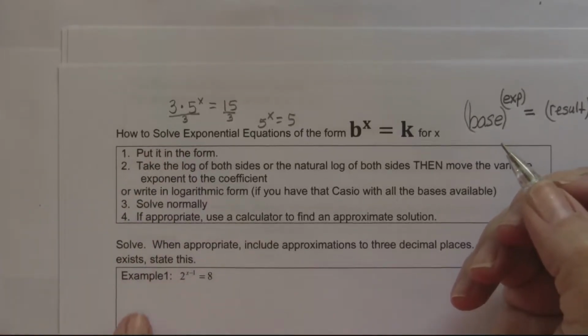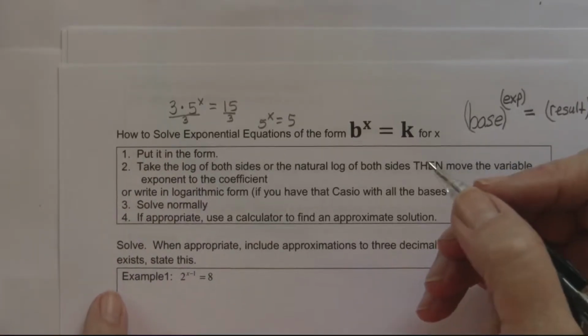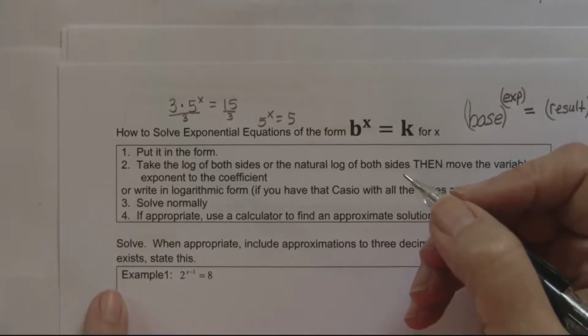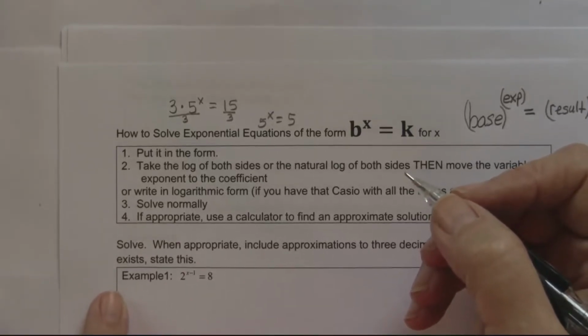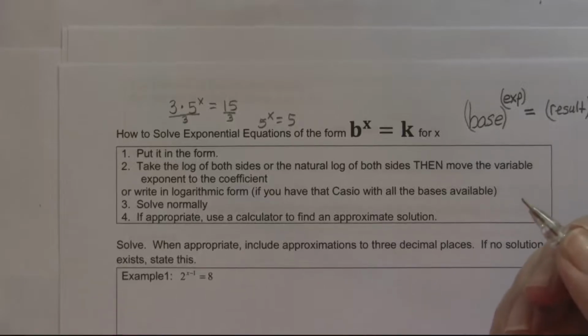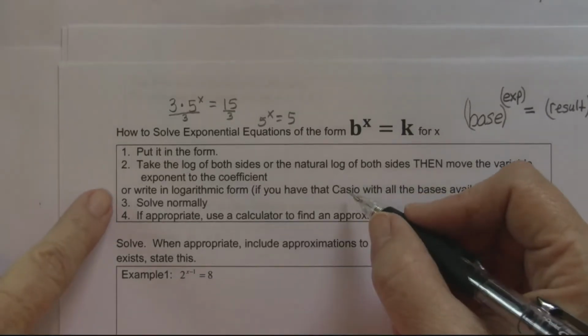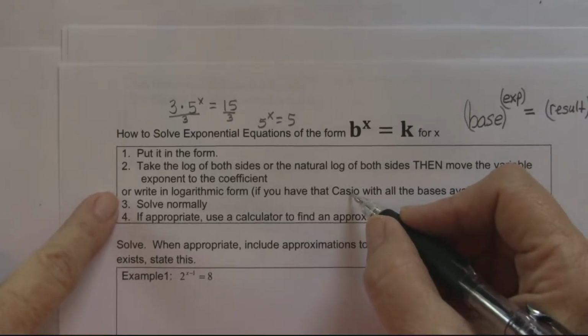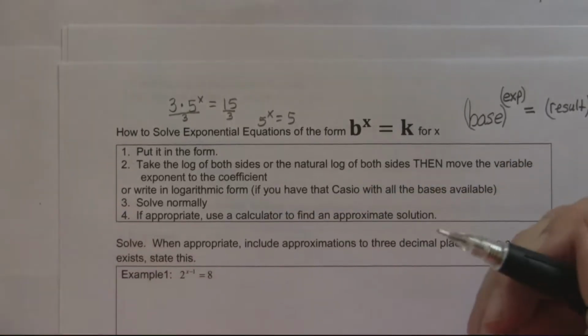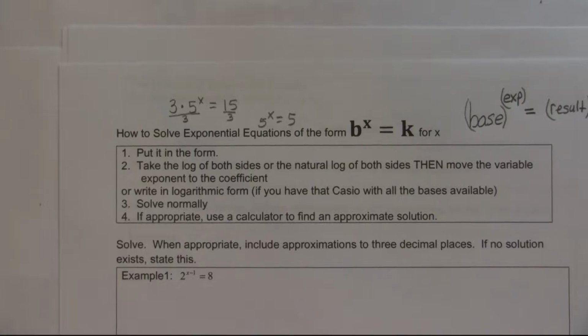That's why I say put it in log form, but only if you don't know what the answer is from that point. When you put it in log form, then you solve normally, and if appropriate, you can use your calculator to find an approximate solution. So that's kind of the story.